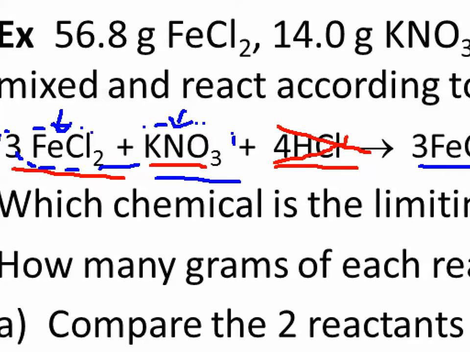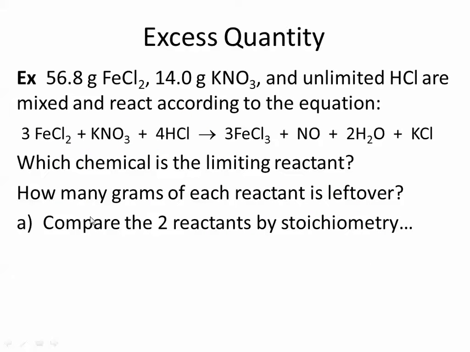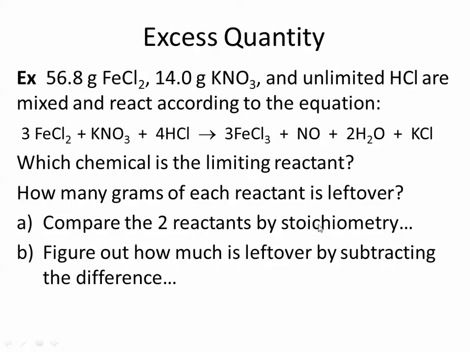What we're going to do is compare these directly. So we are going to look at iron chloride here and KNO3 over here and compare them directly. Once we're done comparing them, and I'll show you how that's done, we're going to figure out how much is left over by subtracting it. So 2 steps: compare the two reactants, then figure out how much is left over.